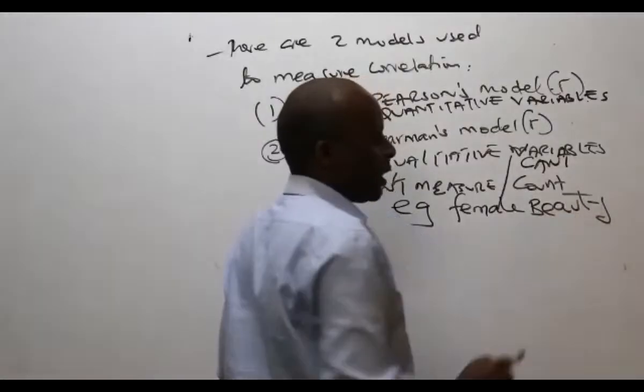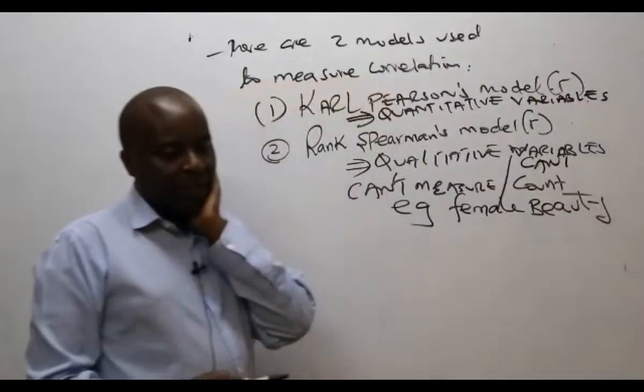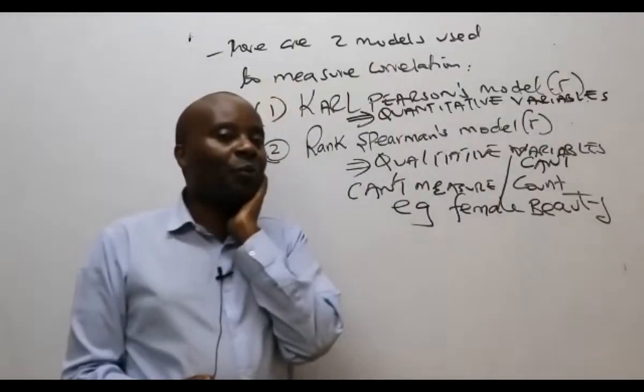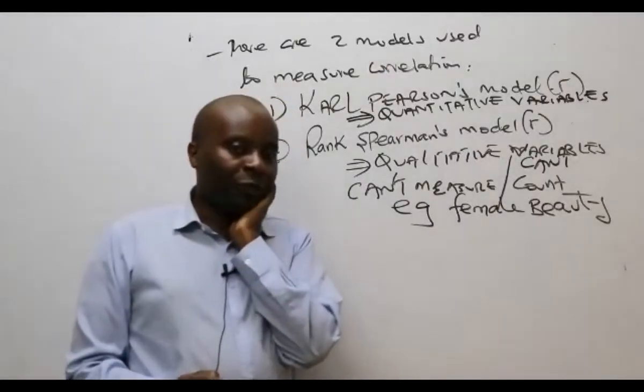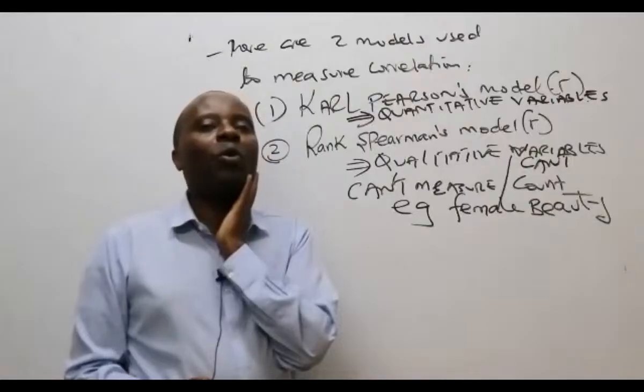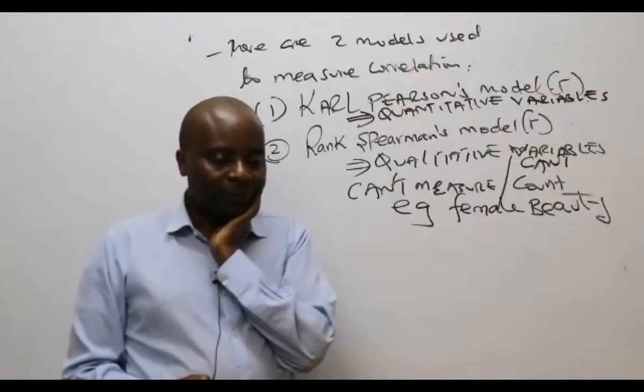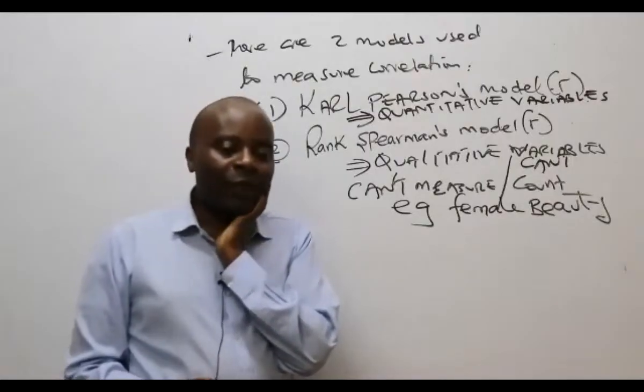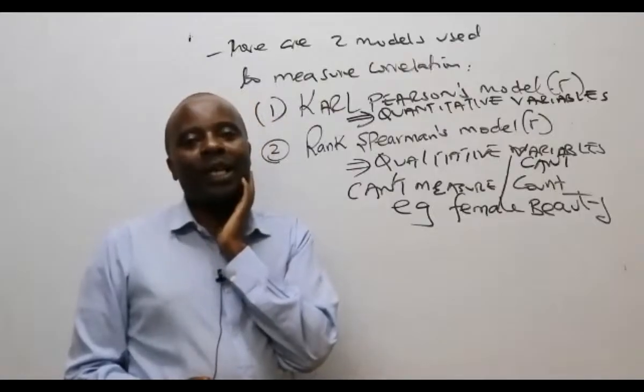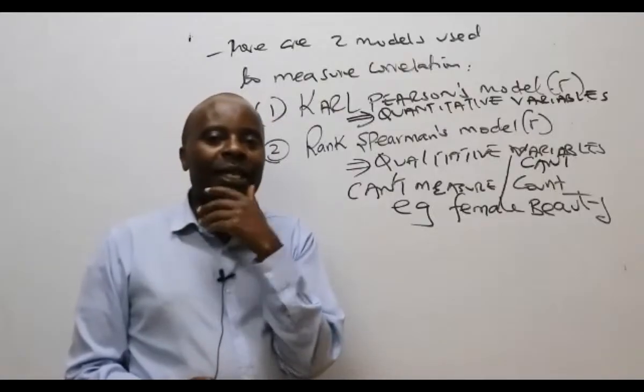A very good example of a qualitative variable, ladies and gentlemen, is female beauty. There is no way you'll be able to measure how beautiful a lady is. Impossible. So there is no way you can start telling us that my wife is 90% beautiful.